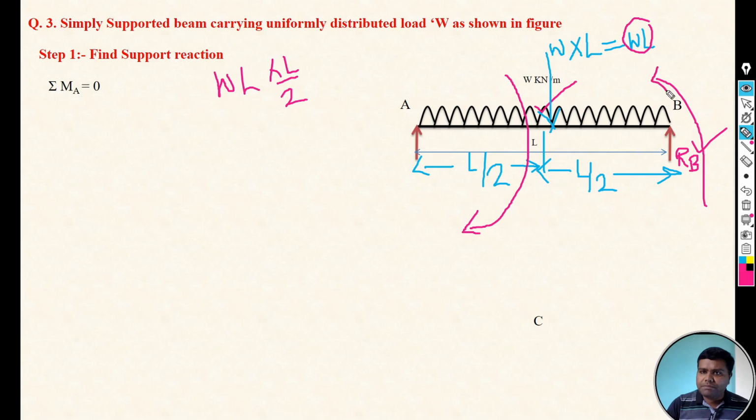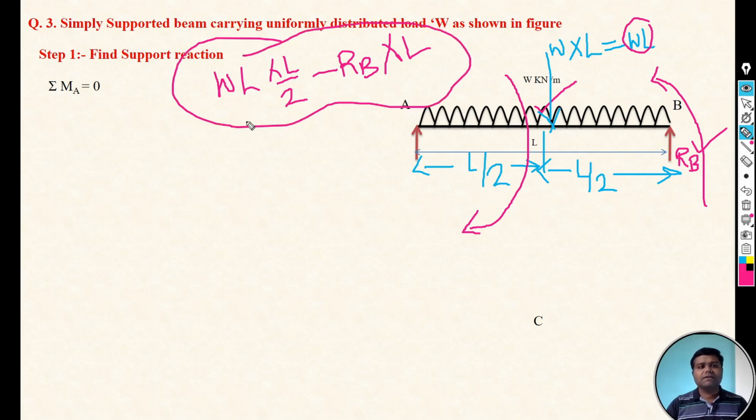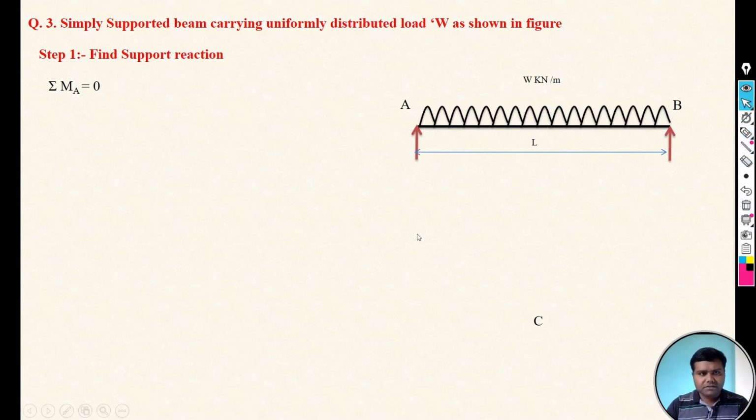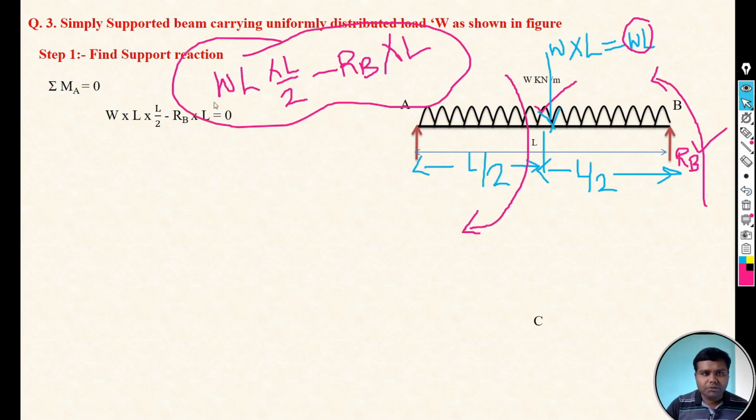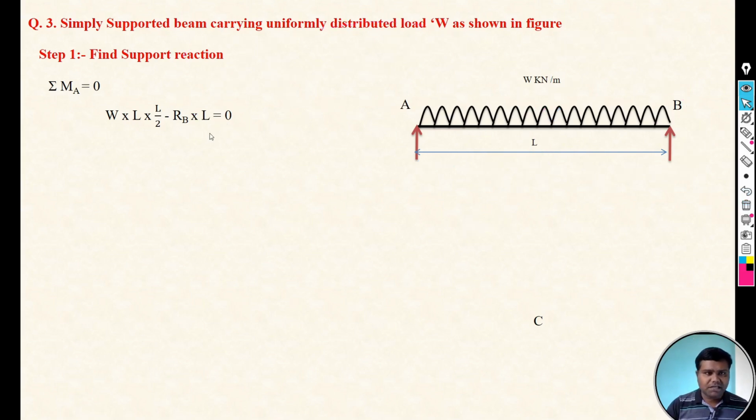The moment of RB is anti-clockwise, so it's minus RB into the perpendicular distance, which is L from A point. So this is the moment at A point for this entire diagram: WL into L by 2 minus RB into L.